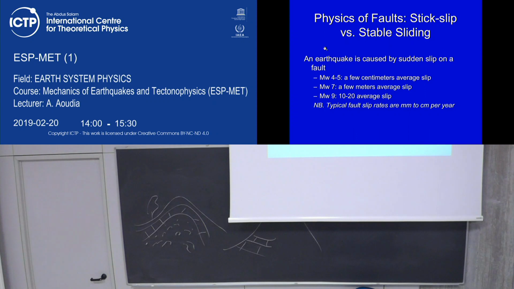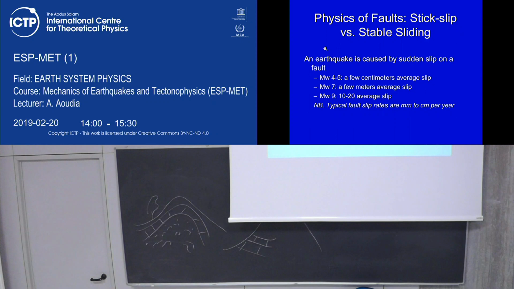So an average slip for a moment magnitude of 4 or 5, a shallow earthquake within your crust, would be a few centimeters. Not at the surface, on the fault. In general, for a magnitude 4 or 5, the fault does not come to the surface.